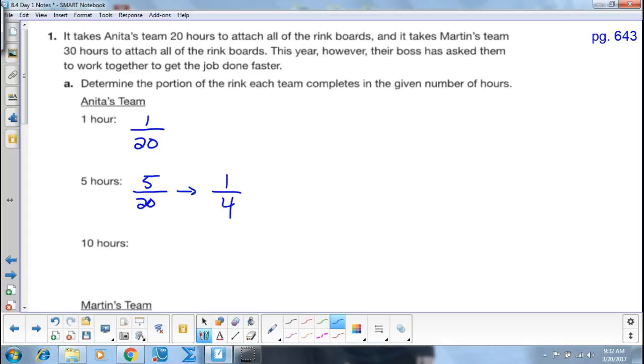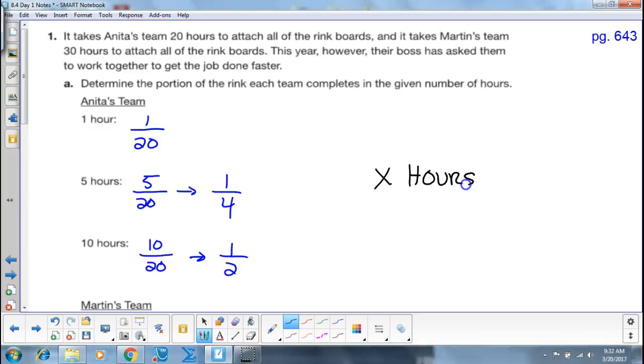In 10 hours, how much has her team accomplished? Half, because it's 10 over 20. In X hours, how much has her team accomplished? X over 20.